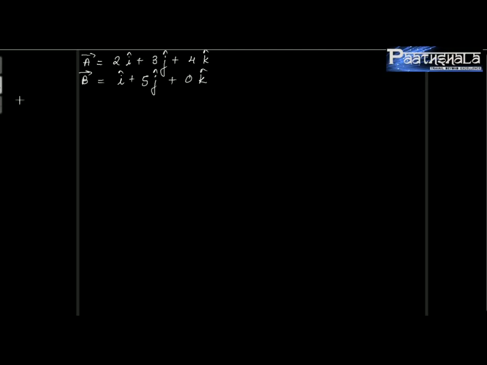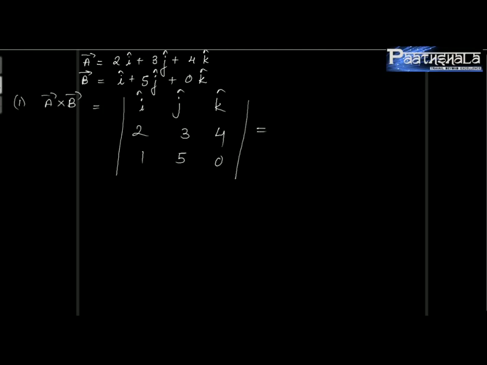So the first method to compute A cross B is the determinant method. So what you do over here is draw the following determinant: i, j, k, 2, 3, 4 and 1, 5, 0.